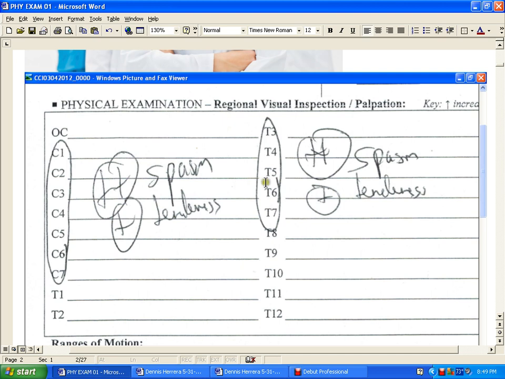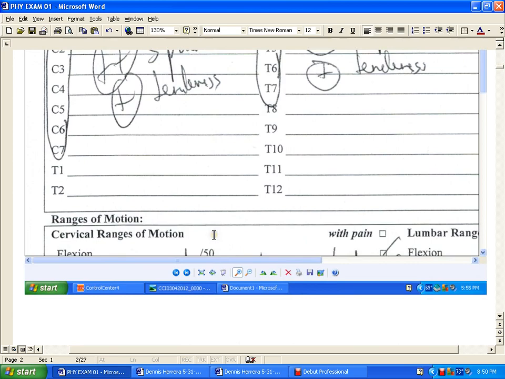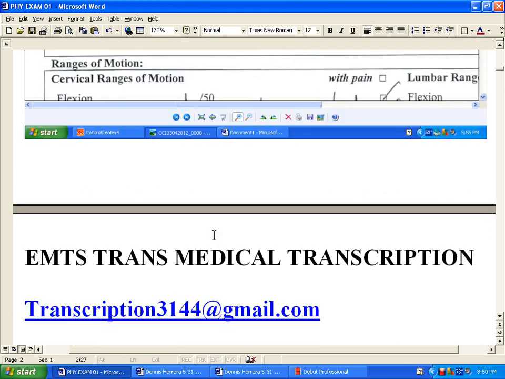Then you would put there is moderate spasm and mild tenderness at the thoracic region of T3-T7. That's what you would put on that particular page.